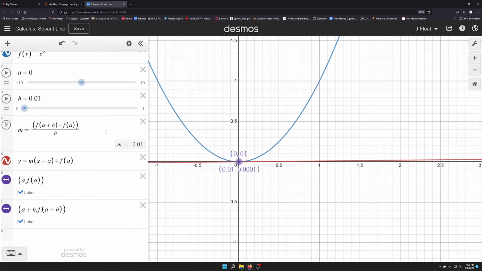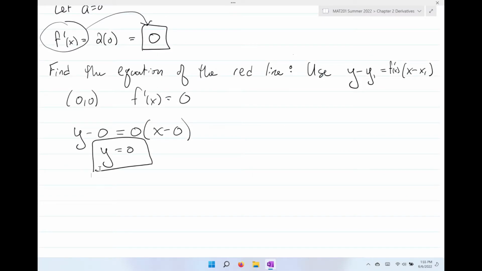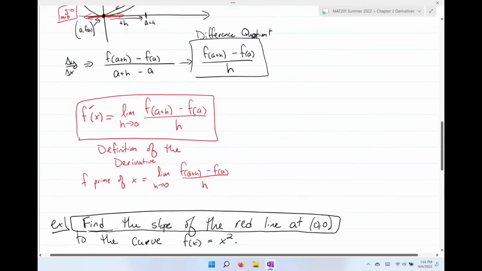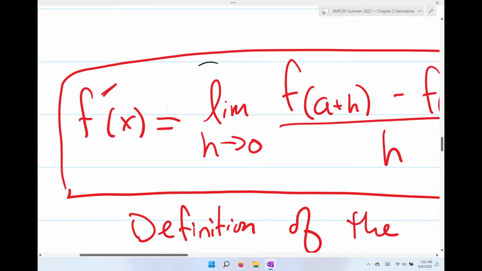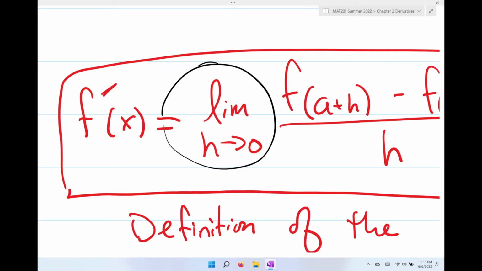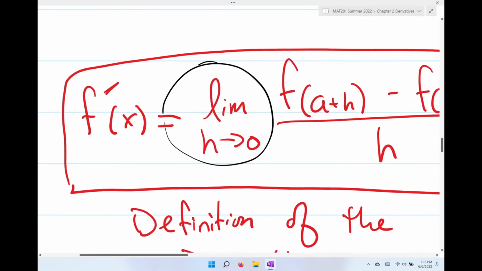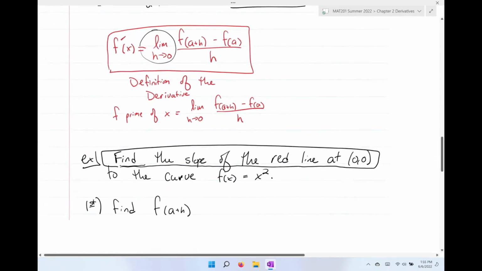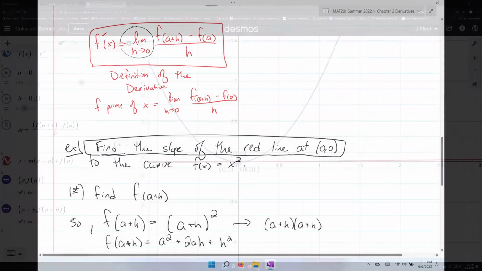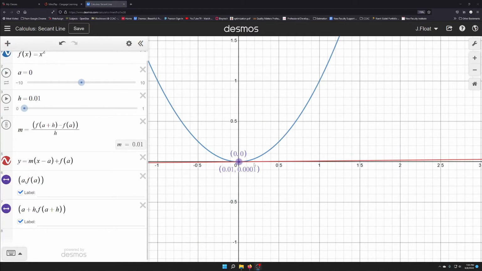However, if we allow this limit, if we allow that step size h to get infinitely smaller, not 0, but approaching 0, what we are finding here is what we call, and that's what this red line is going to be.